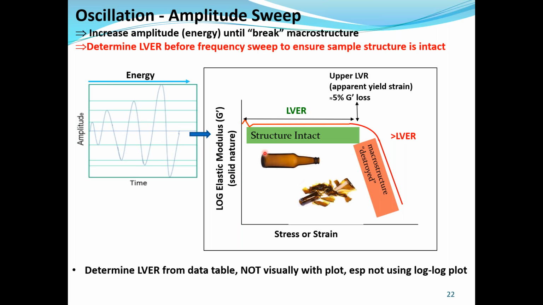It's also important, since these are typically in log-log or log-linear plots, that trying to visually determine a 5% loss is really not recommended. You really need to look at the data table and see where that consistent 5% loss of G prime is occurring.